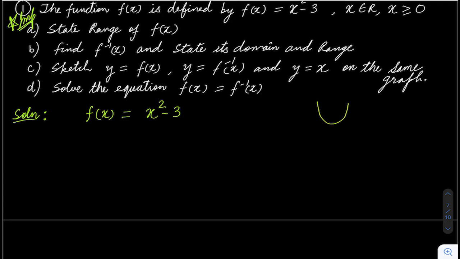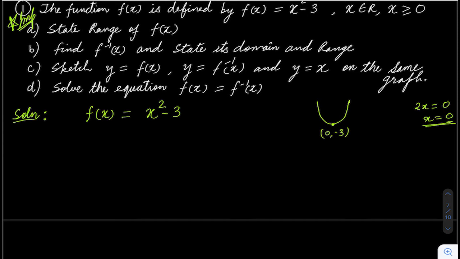And what will be its turning point? If you differentiate this, you get 2x, so 2x equal to 0, so x equal to 0 is the turning point. So (0, minus 3). If you draw the graph, you will have something like this.